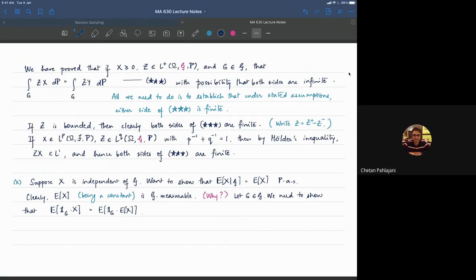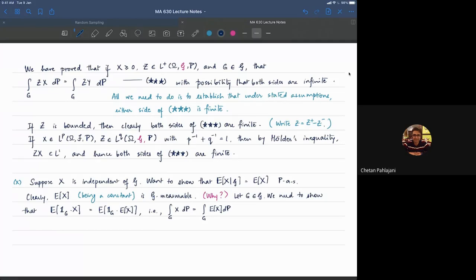So this is just from the definition of conditional expectation. This is what we need to show. Let me write this down in terms of integrals, i.e. we need to show the integral over G of X dP equals the integral over G of E[X] dP.